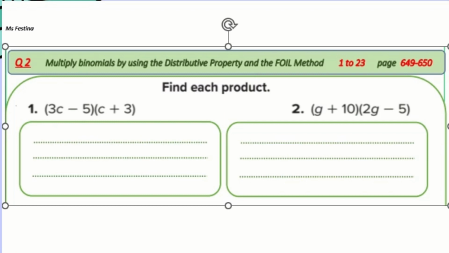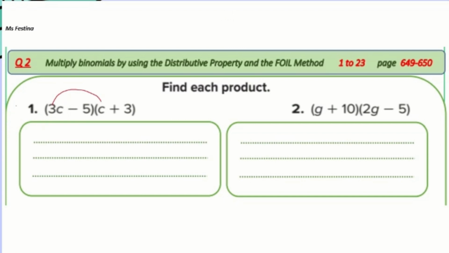With number 1, you always need to remember what you were taught in terms of distributing, okay? So we're going to use the distributive property. So you need to multiply 3x by everything in the second bracket, and then when you're done, you will then multiply 5 by everything in the second bracket.